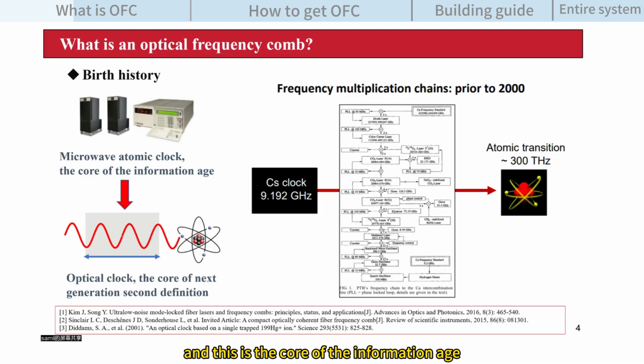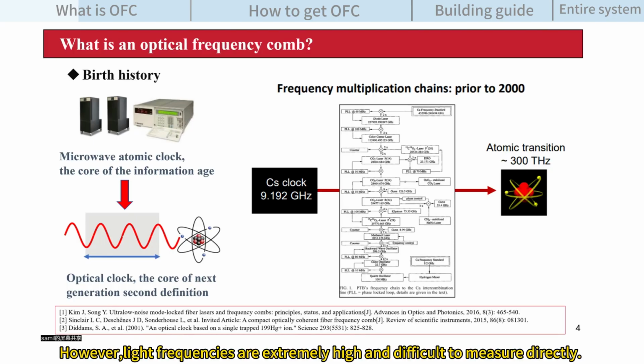And this is the core of the information age. Today we use this microwave atomic clock to define the second. Still, this method has its own limits. As technology improves, how do we get a more precise clock?